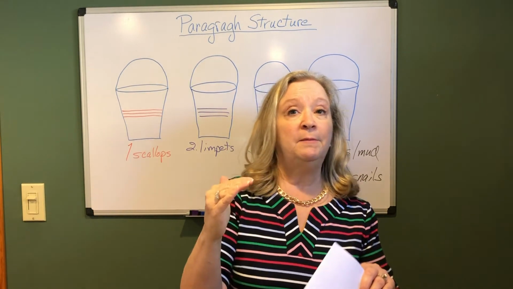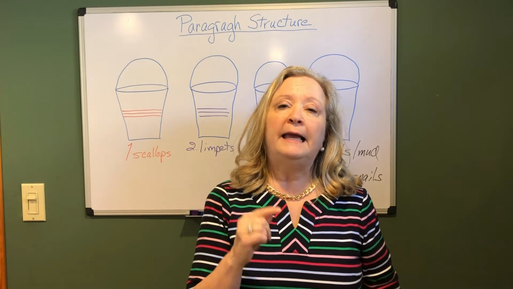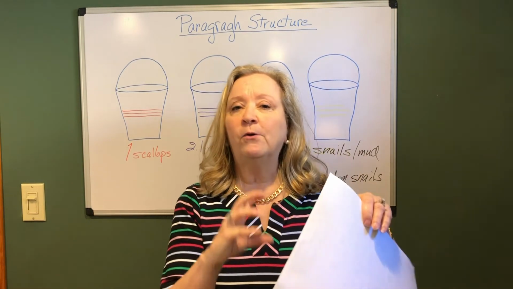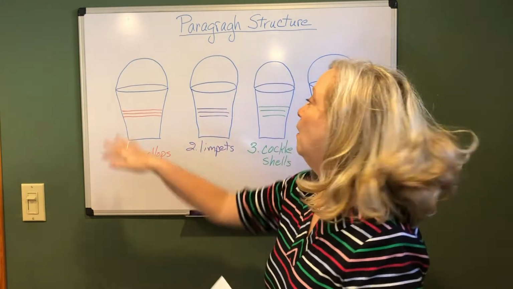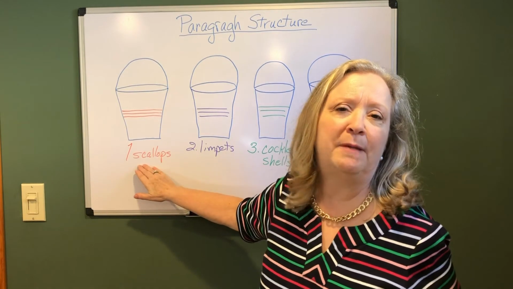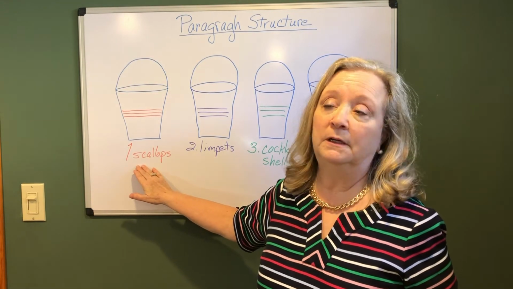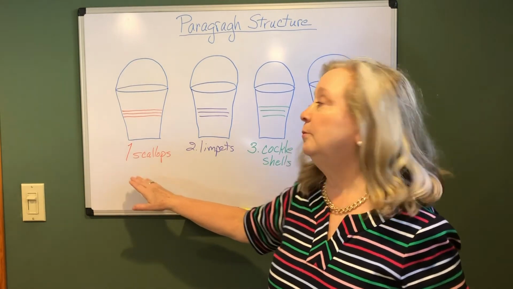Will the paragraphs maybe be different lengths? I hope so. It's really easier on the reader if your paragraphs vary in length. So let's say after you divided all these shells up, turns out you have the least amount to say about scallops. So, okay, well maybe you only had about 4 sentences in there. But then you move on, limpets.